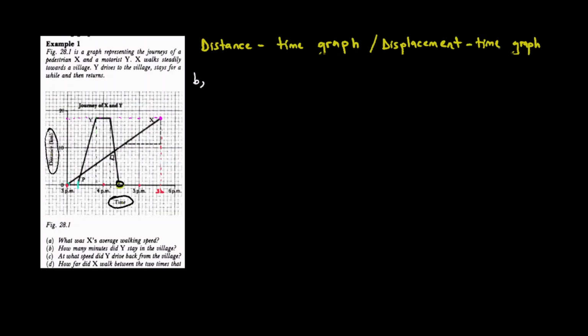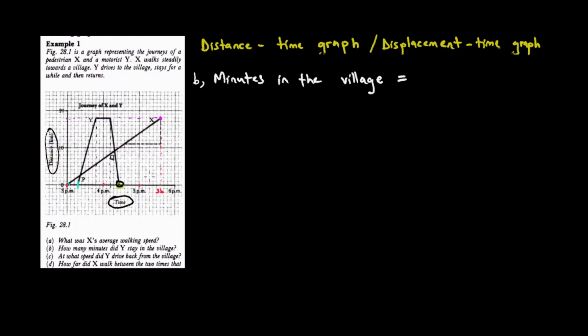From point to point is where the resting is. So when we start, the minutes in the village is equal to the number of small squares, because we have seen that 1 small square represents 6 minutes.